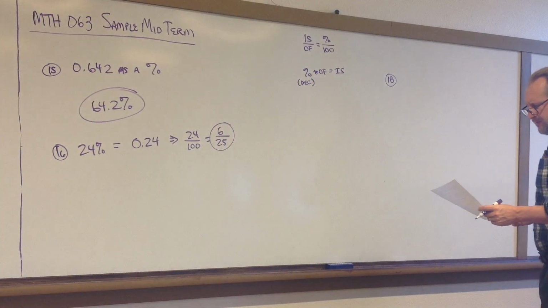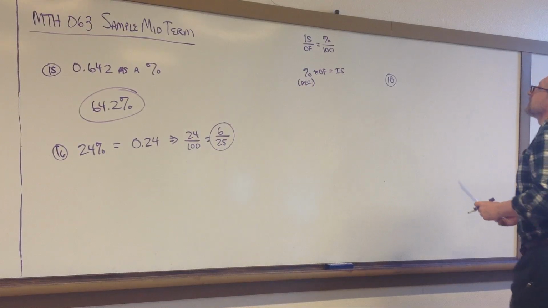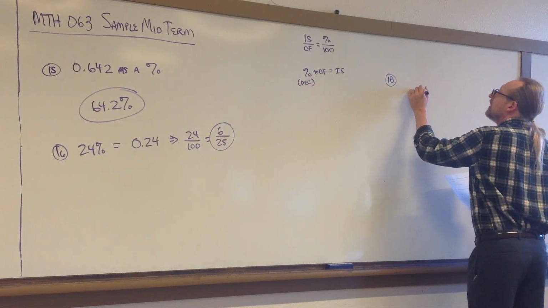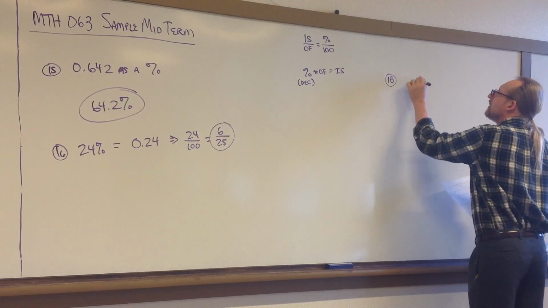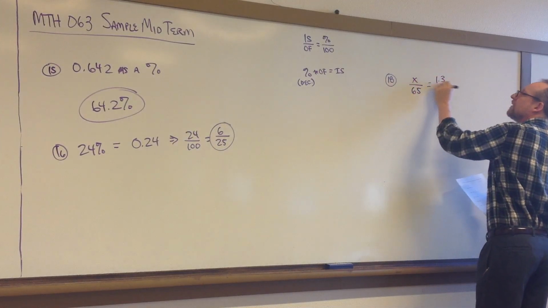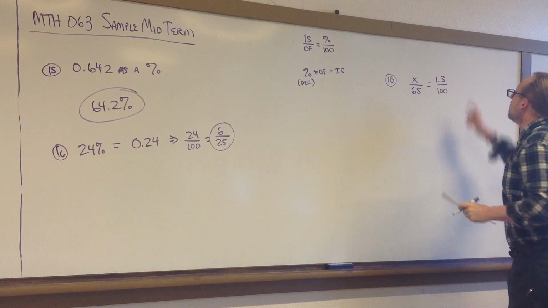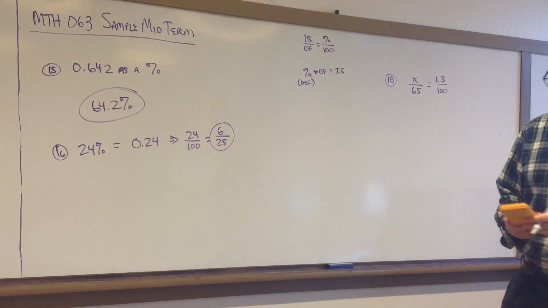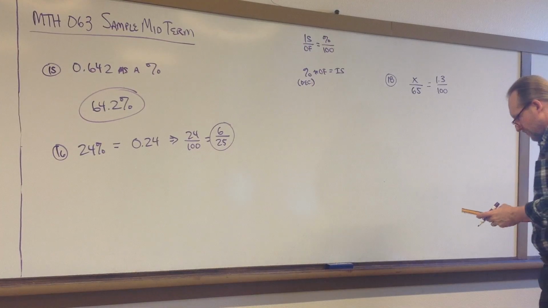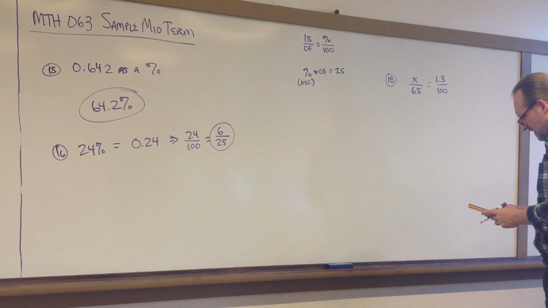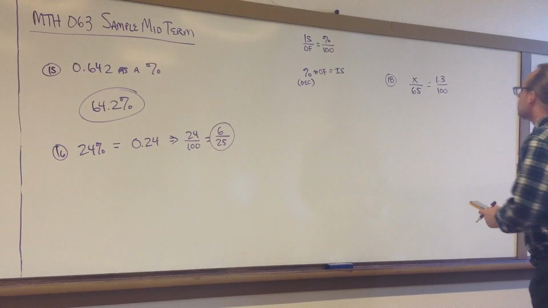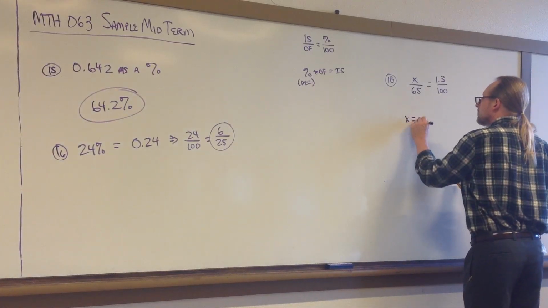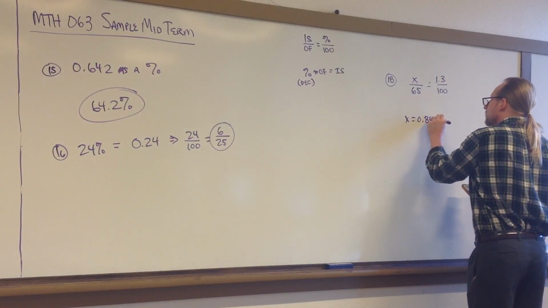Find 1.3% of 65. Okay. So 65 is the of number, 1.3 is the percentage, and we can go 1.3 times 65 and then divide by 100. 1.3 times 65 divided by 100. So x is 0.845.